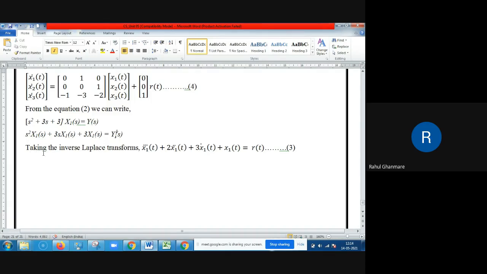Now again you need to take the inverse of this equation, right? When you take the inverse, we don't have the cube, so here you get x double dot of 1 of t plus 3 x dot of 1 plus 3 x1 of t, and here you get the y of t, right? You can give this equation a number.